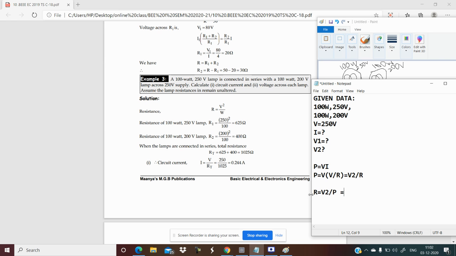For the first lamp the wattage given is 100 watts and 250 volts. So 250 whole square, divided by P, that is 100.